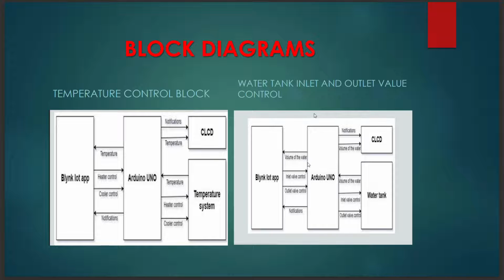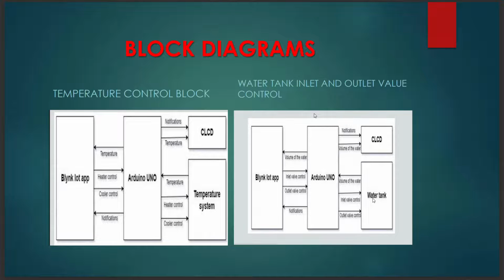The Blink app will receive the volume of the water, and we can control the inlet flow and outlet valve flow of water through the Blink app to the Arduino, and the Arduino prints the value on the CLCD, and it sends data to and receives data from the water tank.